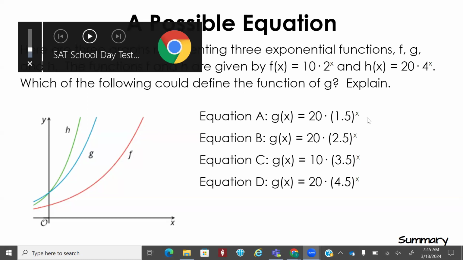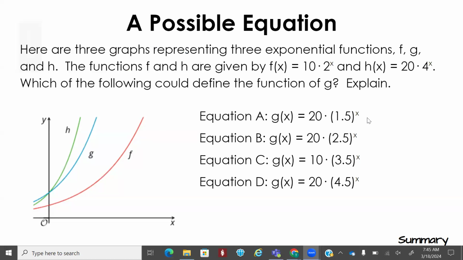Okay, so you've got 3 different exponential functions, which could be defined as the function g. We've got functions f and h given by that equation, and then h of x is given by that equation. Which of the following could be the function g?